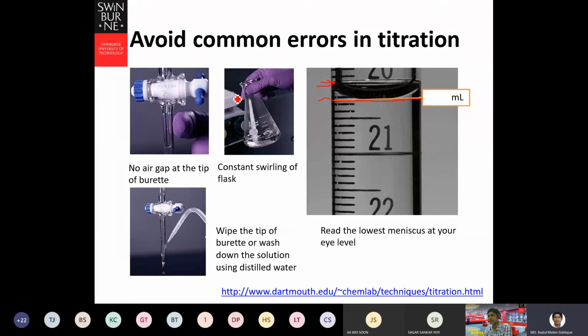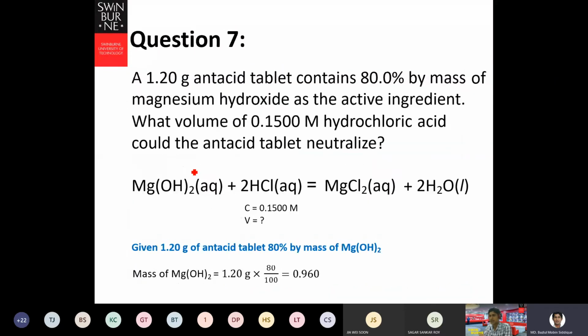This value is not 20, it's 20.35. This is the meniscus. We take the meniscus of the level of liquid in a cylindrical beaker or burette or pipette. This is because of the cohesive force of the water. This is not taken. And this is how we should be considering it.